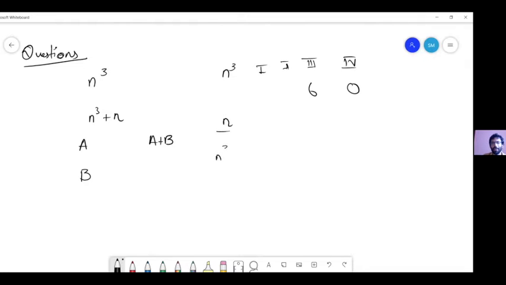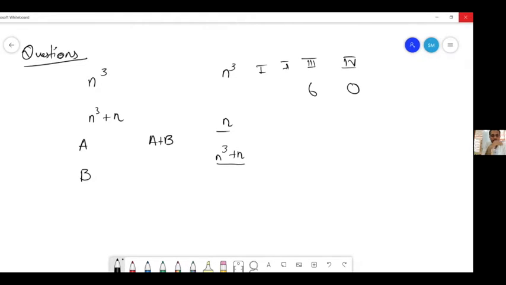So if you take n cube plus n, then without calculating, can you tell what its behavior would be? I think it will be the same, because n cube has the highest degree.